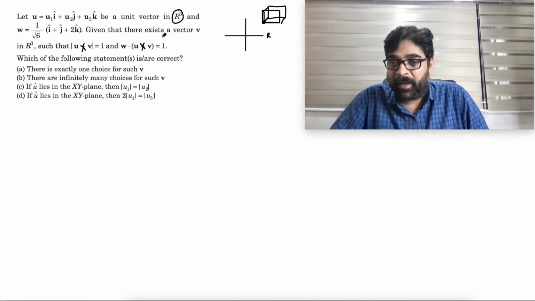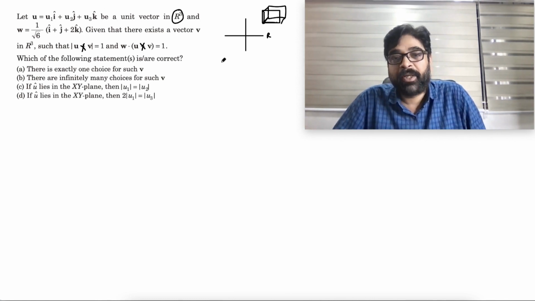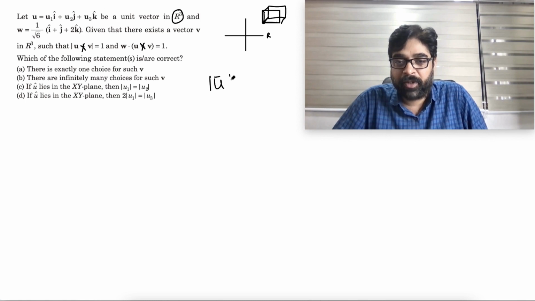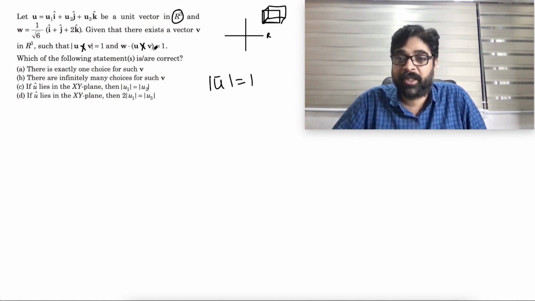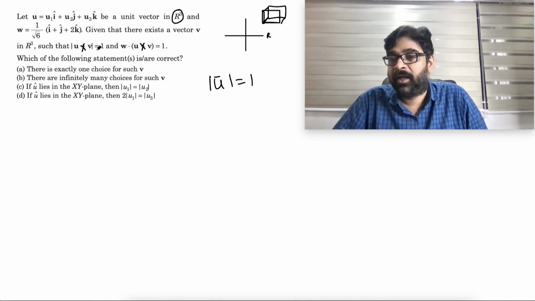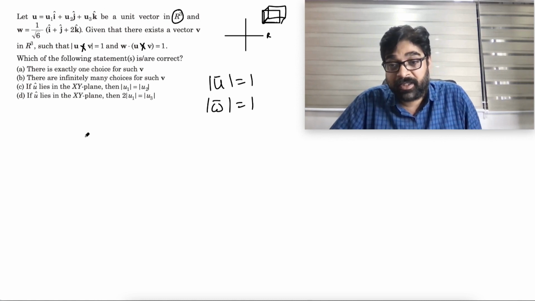Let's read one by one. U is this vector, U1, U2, U3 not given, be a unit vector. That means mod U equals 1. That's the first information we gather from the question. And W equals this. Mod W will be how much? 1. So W is also a unit vector. Given that there exists a vector V in R cube, means V is a vector.